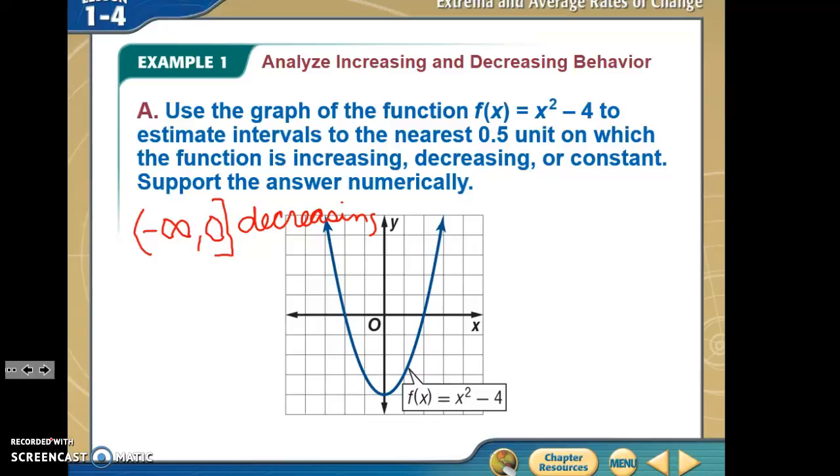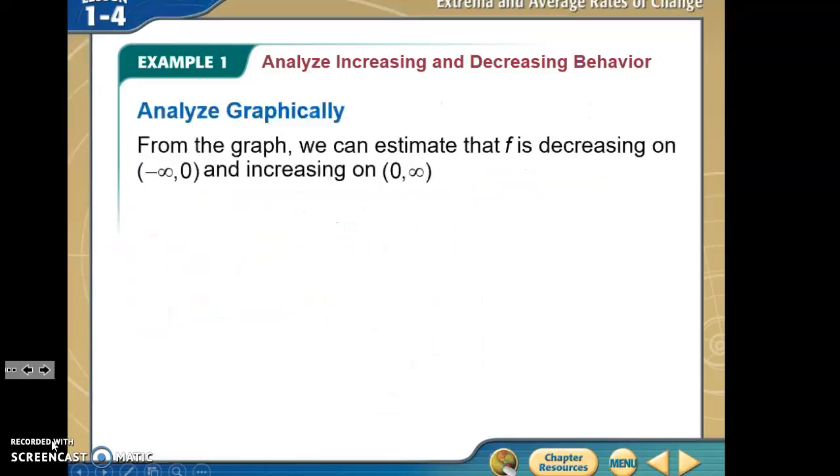And then it's increasing from where to where? Okay, so they put parentheses there, and technically at 0, it's neither decreasing nor increasing, because what was 0 on that graph?